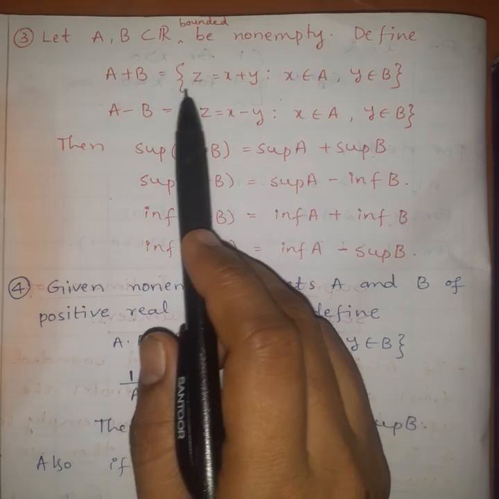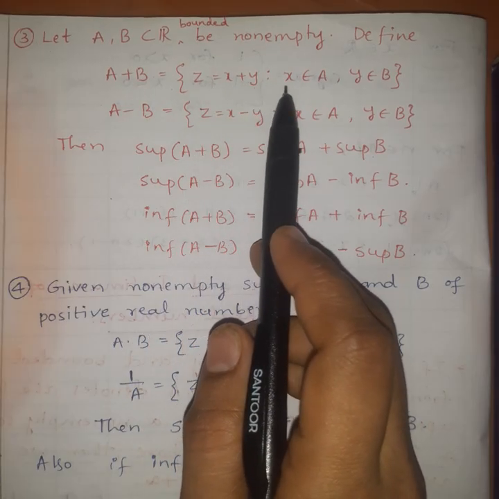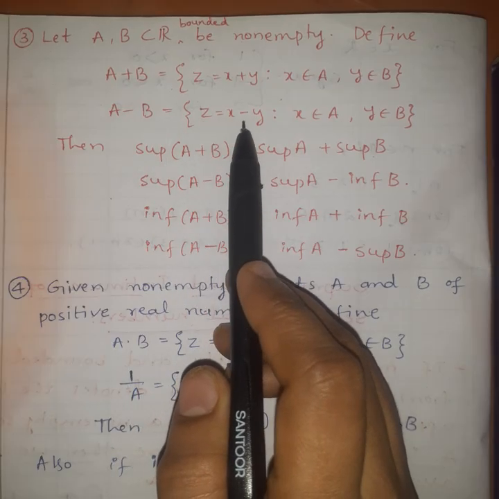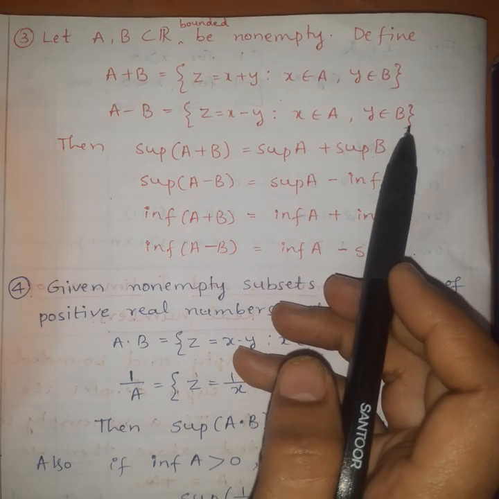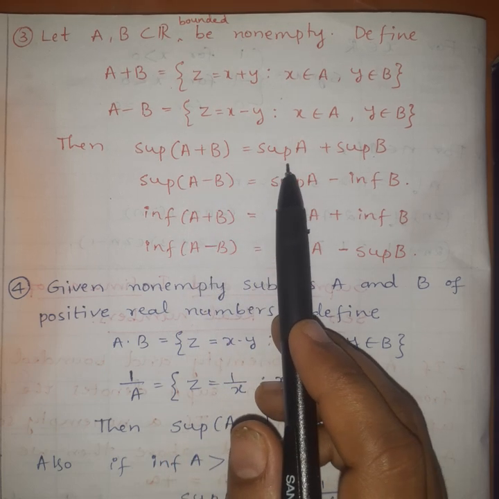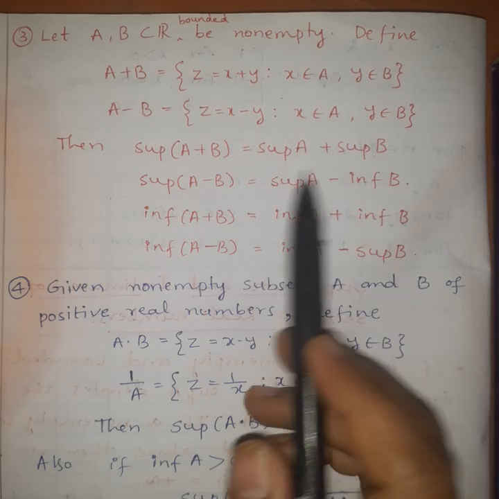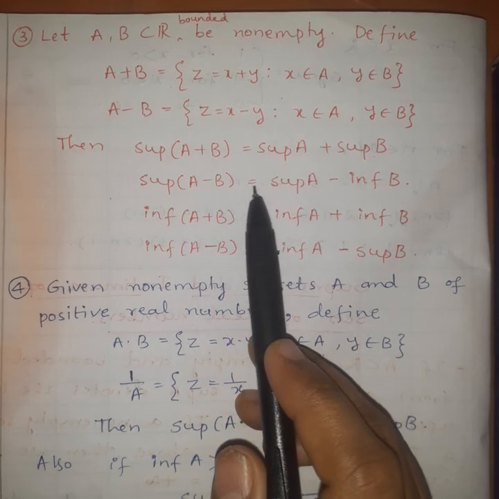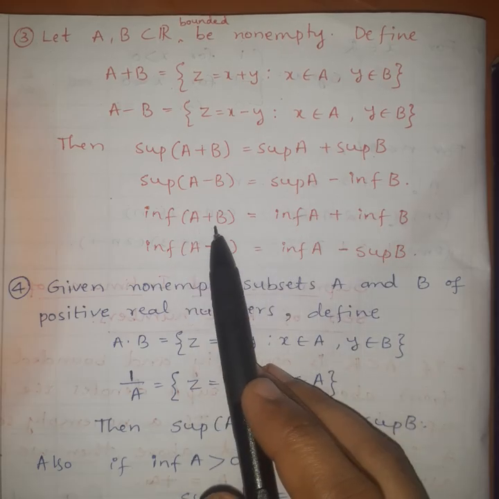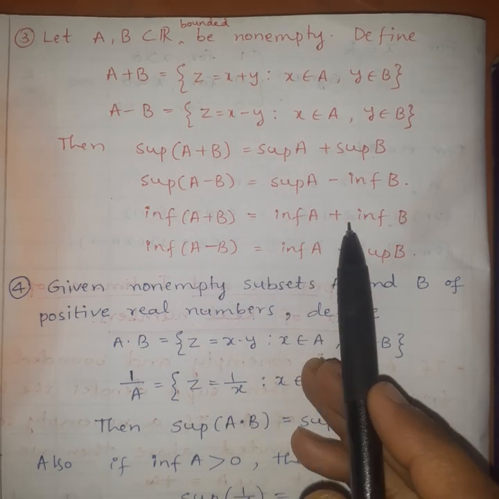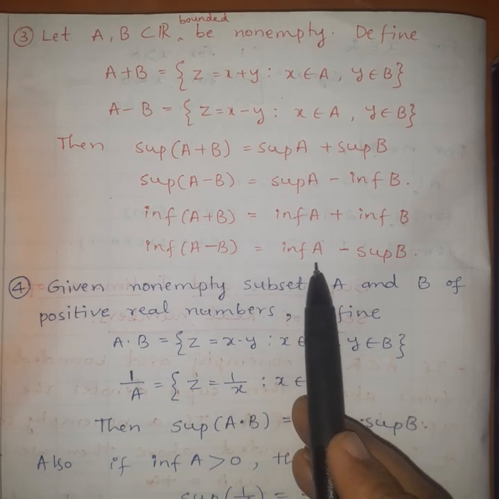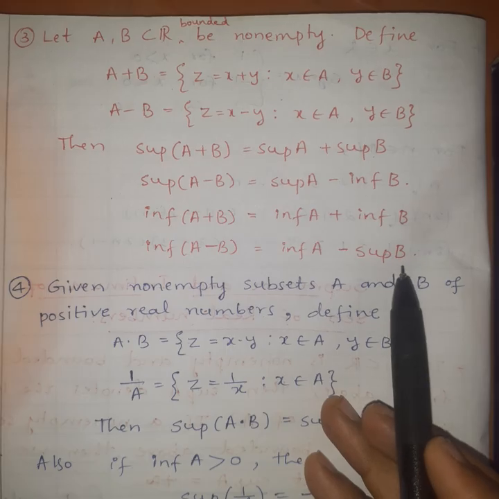Define A plus B as the set of all x plus y such that x belongs to A, y belongs to B. A minus B is the set of all x minus y such that x belongs to A, y belongs to B. Then supremum of A plus B is equal to supremum of A plus supremum of B. Supremum of A minus B equals supremum of A minus infimum of B. Infimum of A plus B is equal to infimum of A plus infimum of B. Infimum of A minus B is equal to infimum of A minus supremum of B.